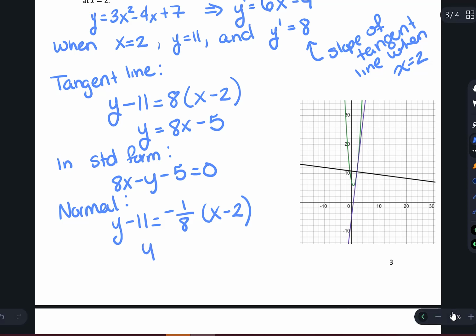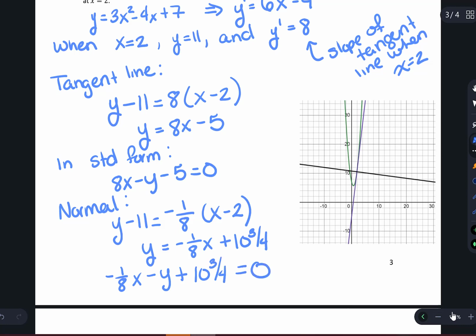And so here, y is equal to minus 1 over 8x plus 10 and 3/4. And again, we could write that in standard form. And so in standard form, we would have negative 1 over 8x minus y plus 10 and 3/4 is equal to 0. And we get the standard form just by rearranging the form that is right above it.